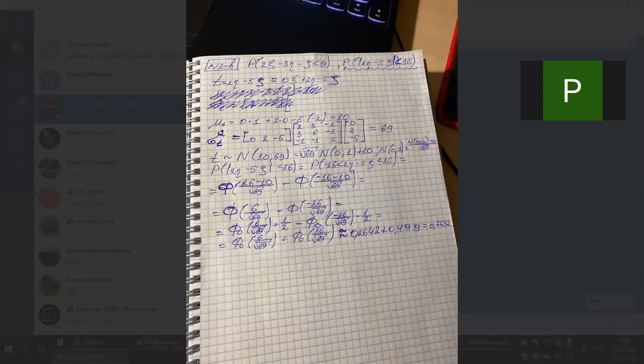We see that 1/2 and 1/2 cancel out, and we have to calculate phi 0 of 6 divided by root of 69 plus phi 0 of 26 divided by root of 69. I'm just not sure whether my calculations are correct, but I think the idea of the solution is correct, at least.